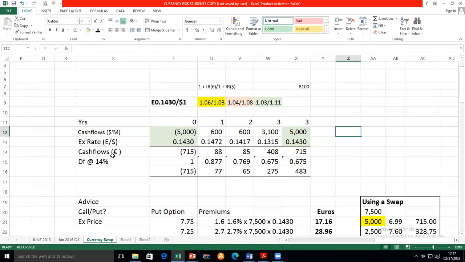Convert these into euros. So what you have now, these are euros. Now, this amount will be given to us at the same rate. The other amount which is not covered, we use at the exchange rate.